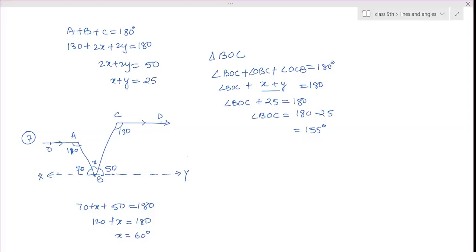Okay. Any other doubts, anyone? Ma'am, I have doubt in question 23.